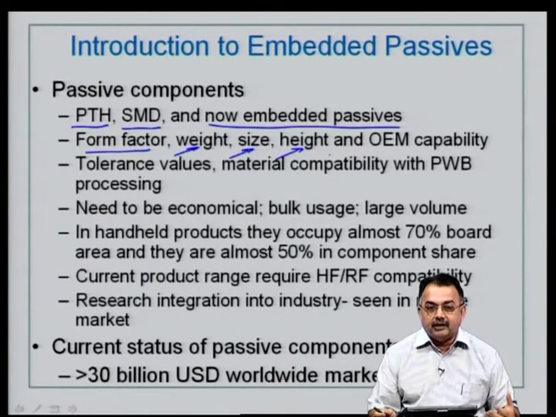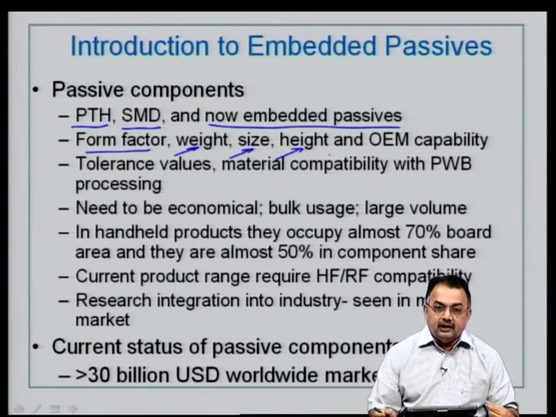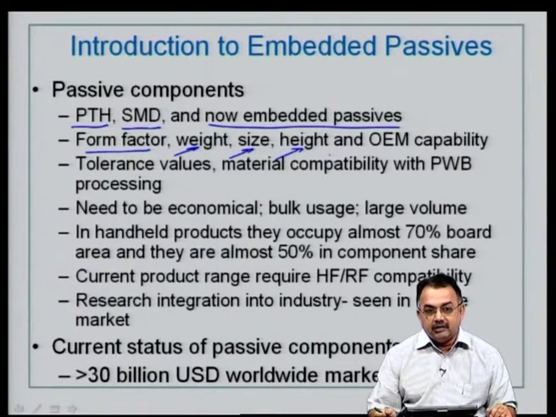In some cases, we are using wave soldering, in some cases we are using reflow soldering process, and as far as the PWB fabrication is concerned, we have to be very clear about what kind of passive components footprint we are using in the design, because if you use a through hole device, an SMD device, you have different design considerations to be thought about.